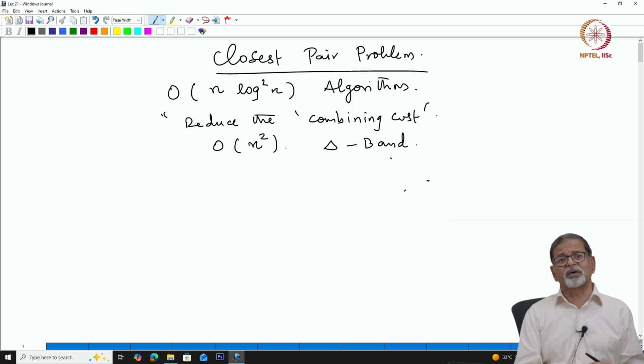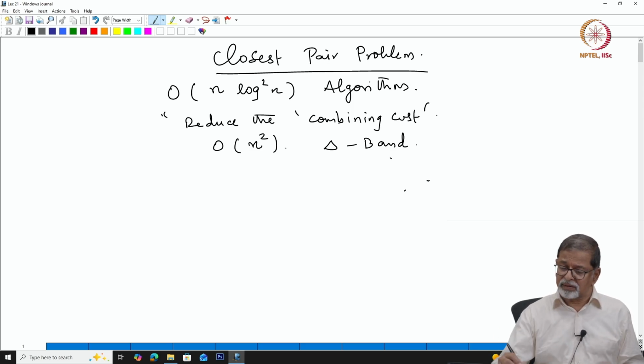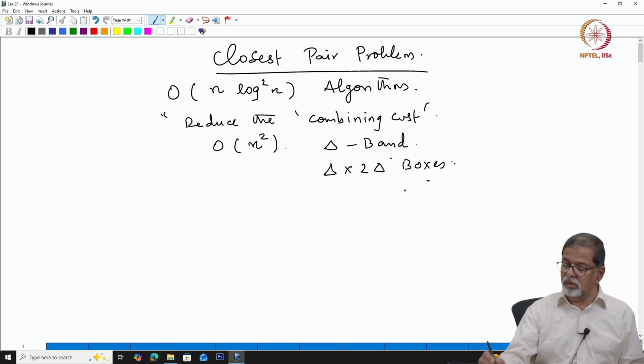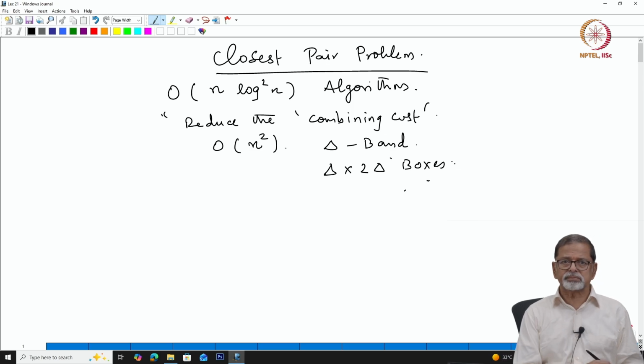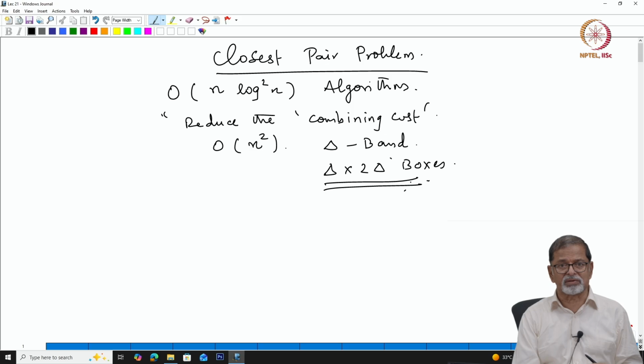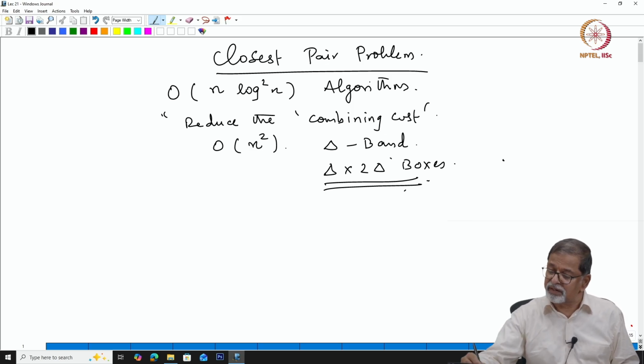And even within the points in the delta band, we had what is known as a delta cross 2 delta boxes, and we considered only the points in these boxes. So, for each point we had defined a delta cross 2 delta box.